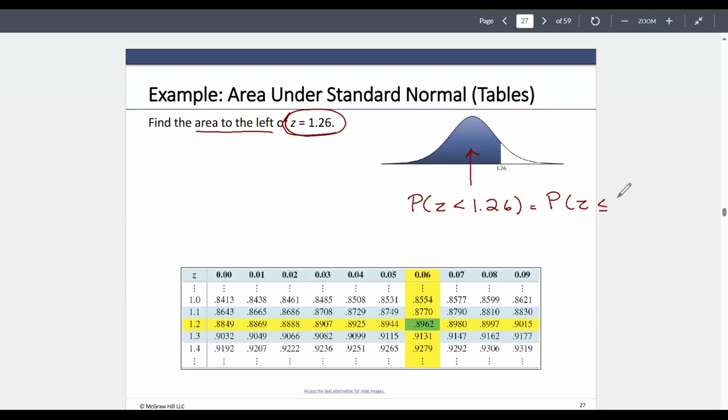Just always remember that the strict inequality and the less than or equal to inequality are actually the same. We're splitting the score like this, so we look for the 0.2 and then the 0.06, and see where they come together. So the probability that the z-score would be 1.26 or less is 0.8962, or 89.62%.